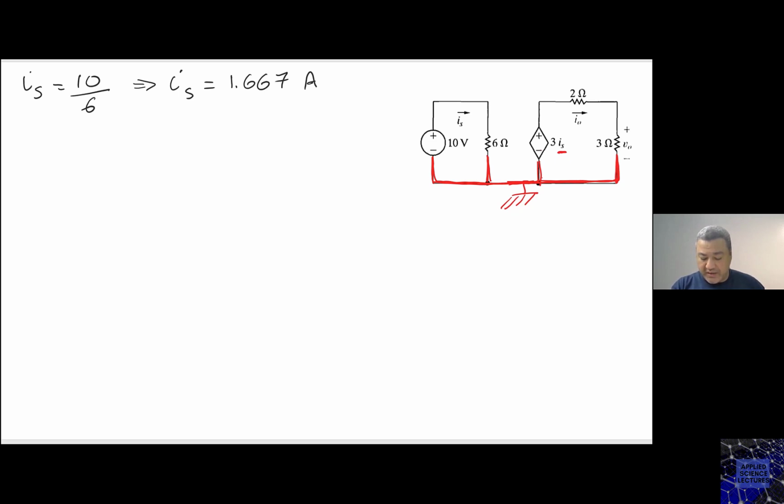This IS is going to go from the voltage source all the way and come this way, then it will be going in this direction to close the path more than going this way. Why?